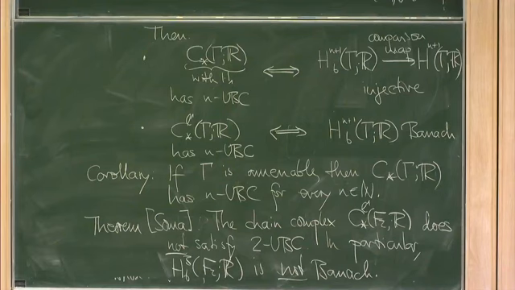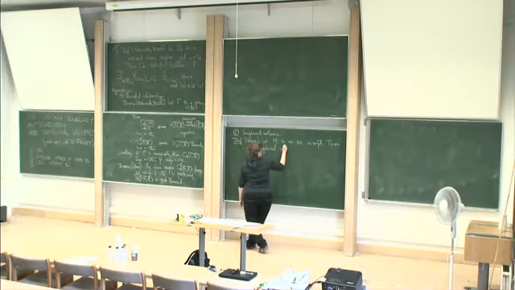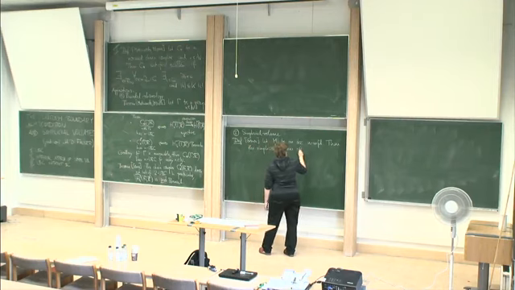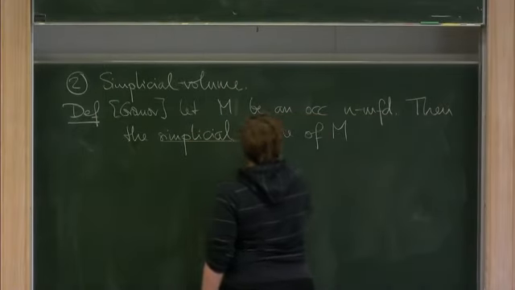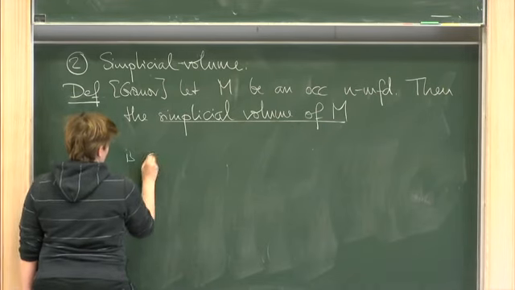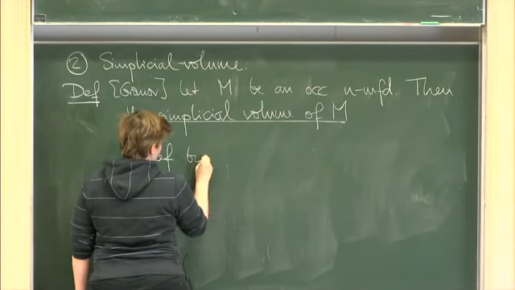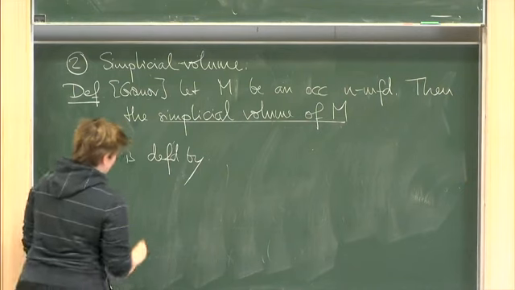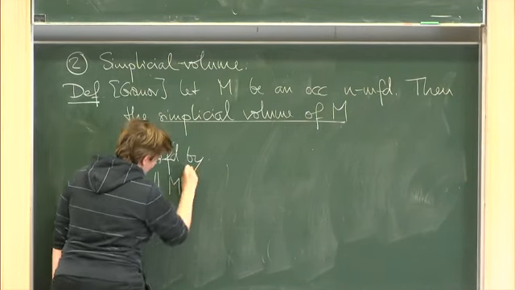So let M be an oriented closed connected n-manifold, then the simplicial volume of M is defined as follows, let's denote it like that.